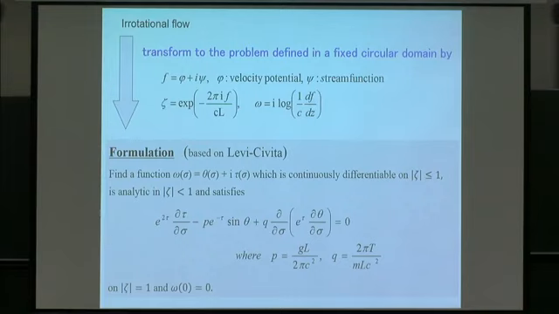And we introduce the independent variable zeta and the dependent variable omega like this. Then zeta runs over a unit disk and omega is an analytic function. So based on Levi-Civita, it can be formulated in this way: find an analytic function omega that satisfies this equation on the boundary.